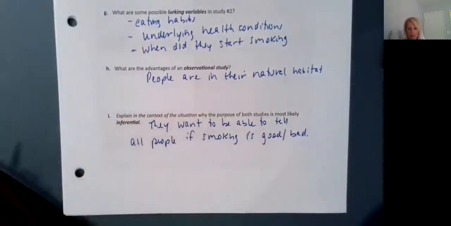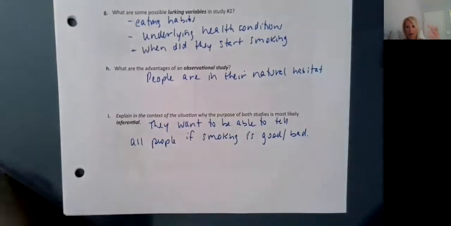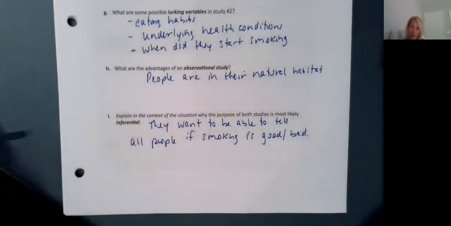They're not just observing these people for some information about them. They're observing these people to be able to tell the next generation of people, go ahead and smoke, it's no big deal, or don't smoke, it's really bad.